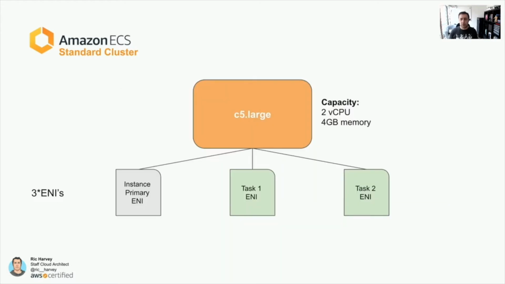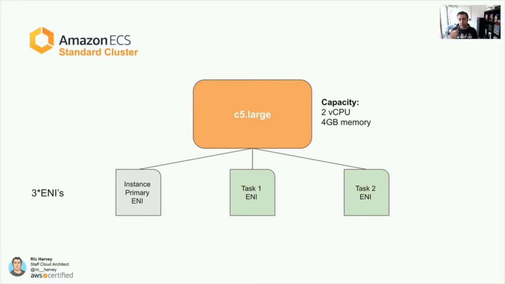Now, let's have a look at one of these C5 larges I was showing that was connected to my cluster. A C5 large has 3 elastic network interfaces by default. So that means I've got a primary network interface, and that's for the host to use, so it can pull down the Docker images and talk back with ECS.